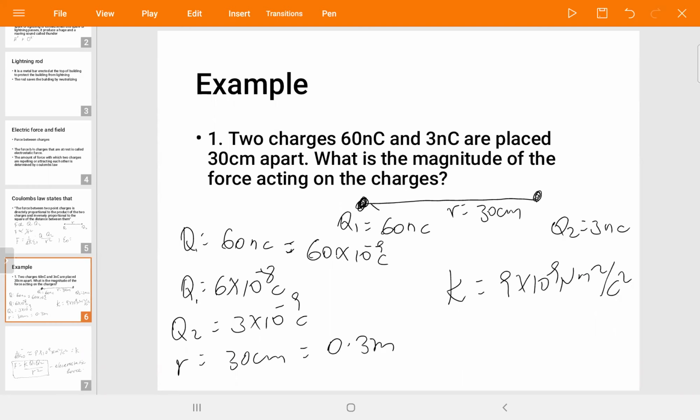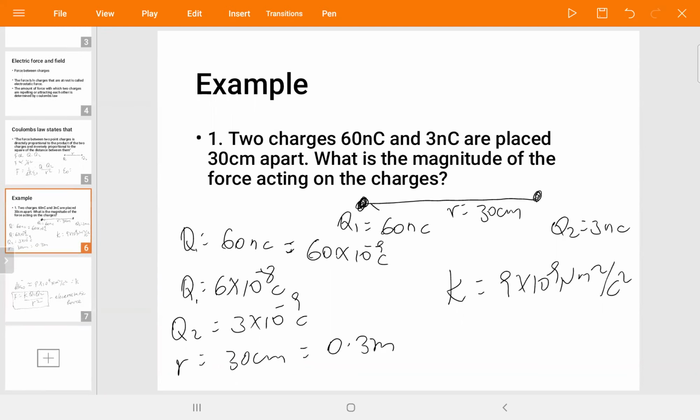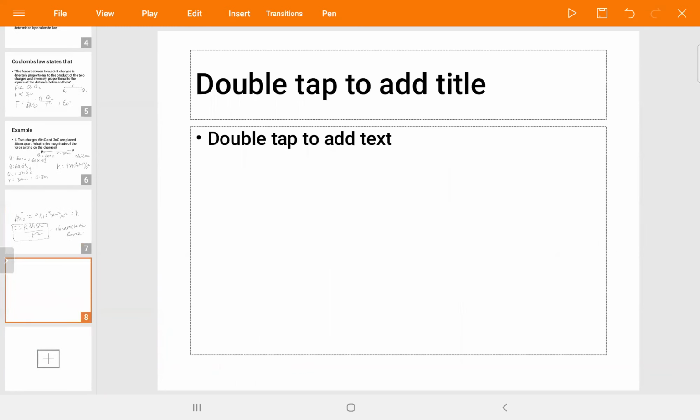Then by having these quantities in mind, we can find the magnitude of the force that exists between Q1 and Q2. Then you will try it.